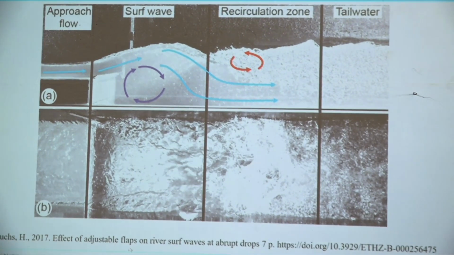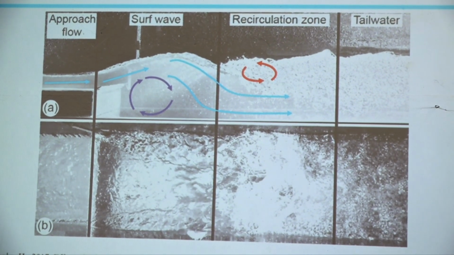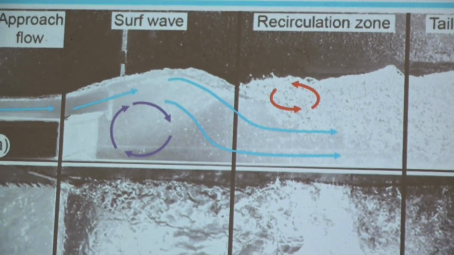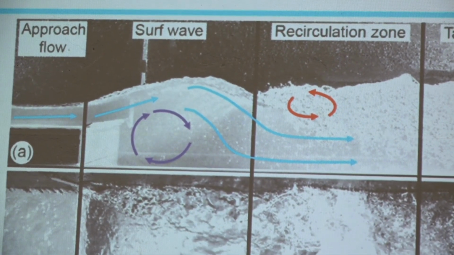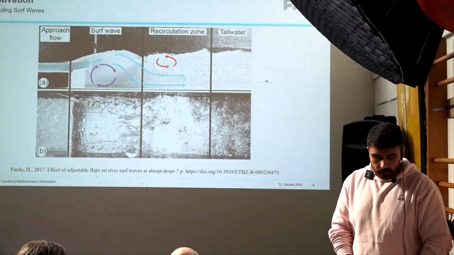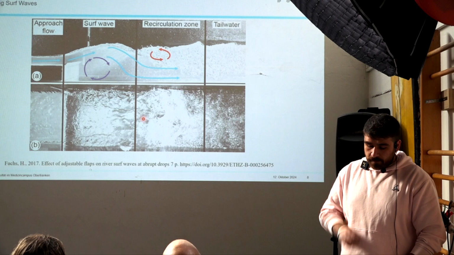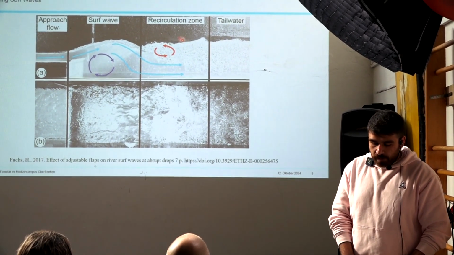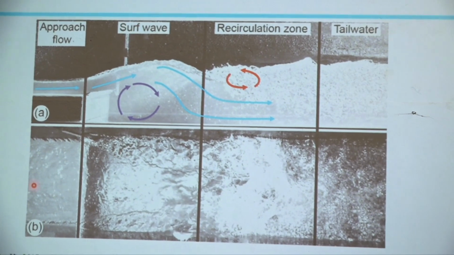A new topic we are exploring is the modeling and simulation of standing waves, similar to the wave in Nürnberg, the Fuchslochwelle. One major challenge with standing waves is the formation of those recirculation zones, which can be dangerous for surfers.